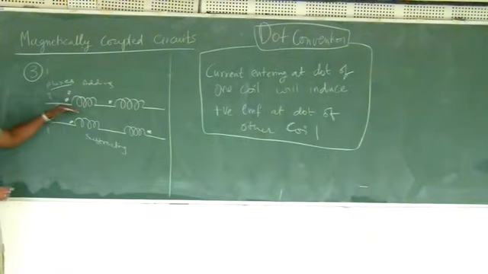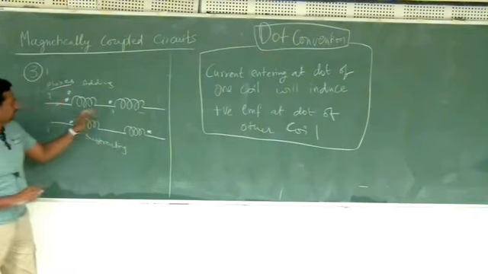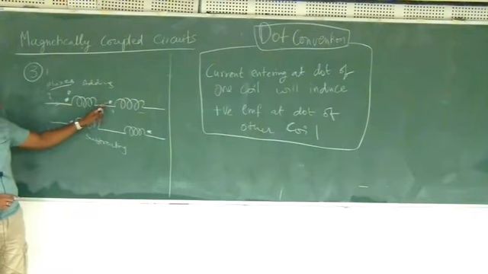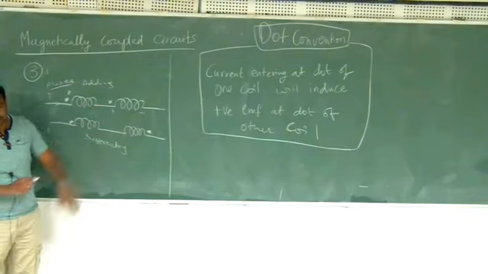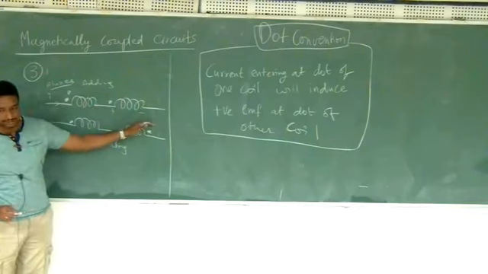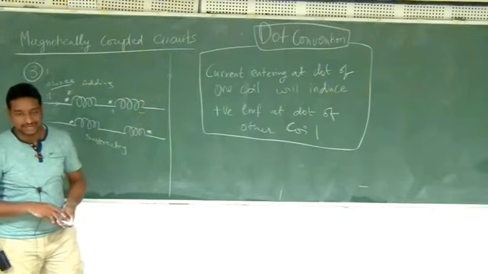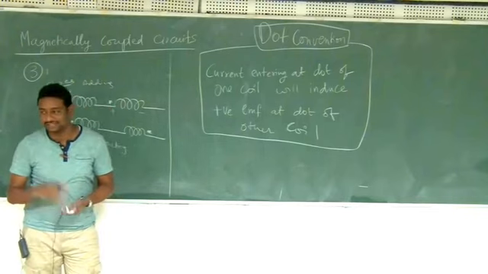Assume that current is entering like this. Okay. So if the current is entering the dot here, here the voltage drop will be plus minus. This current is inducing positive voltage here and negative voltage here. Okay. That means if I go from here to here, voltage is dropping. Okay. If the voltage is dropping, you know how to handle it in your Kirchhoff's voltage law, KVL.